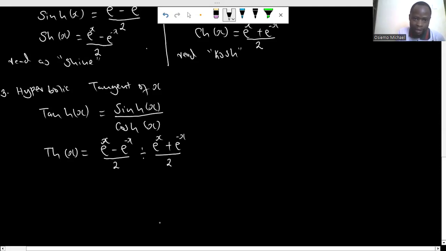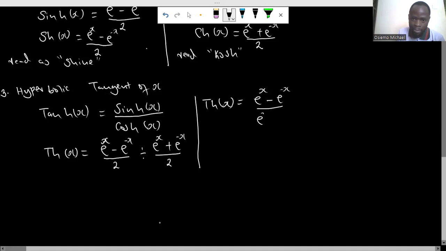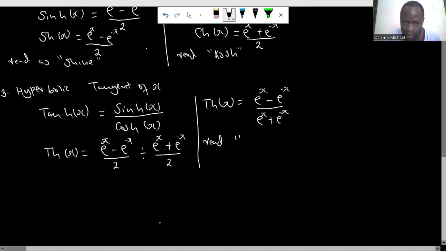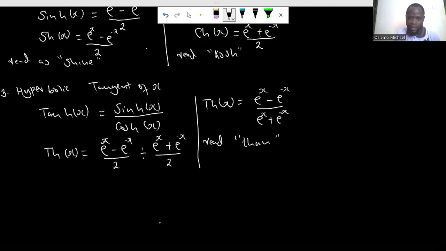We change the sign and take the reciprocal, so th of x equals exponential x minus exponential negative x over exponential x plus exponential negative x. The th, or tanh, you can read as tanh of x.